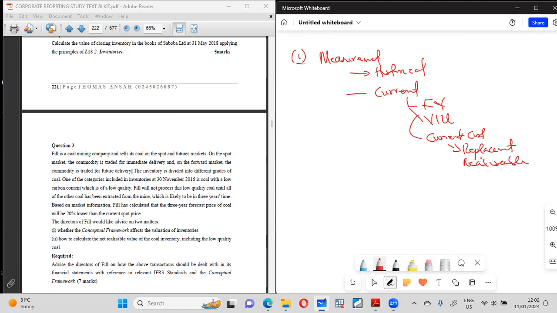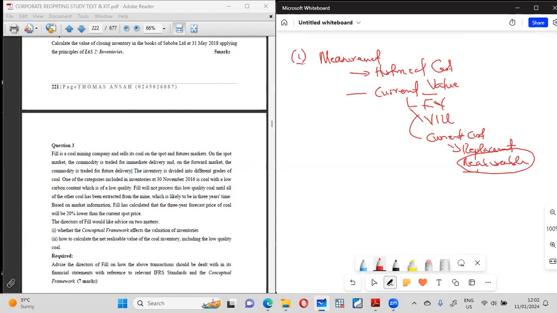Now, what we are actually talking about is, so this is historical cost and current value, all right? So that is what the conceptual framework gives us. Now, the net realizable value is this one. So it is part of the measurement of what? Current value. So you have to understand that.